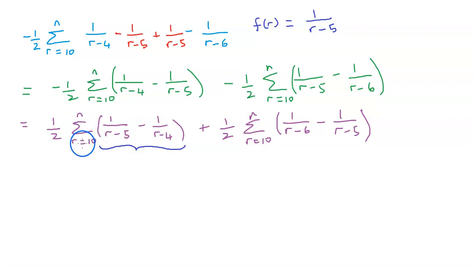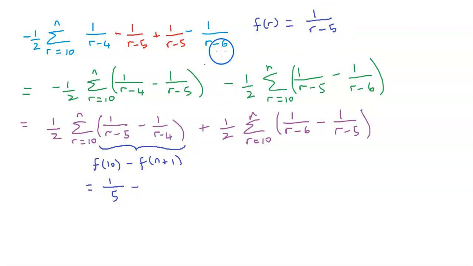But if you go from r equals 10, then r equals 11, r equals 12, the cancellations are going to work exactly the same way. So this one here is actually going to be f of 10 minus f of n plus 1, which is equal to 1 divided by 5.